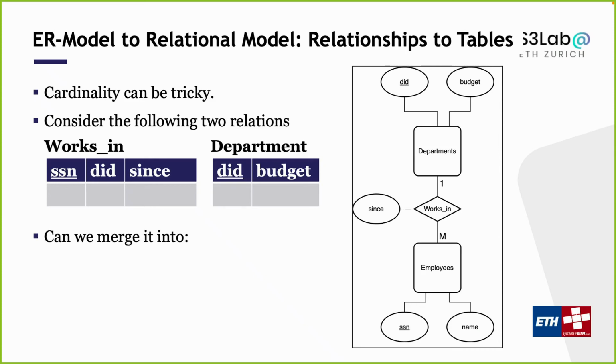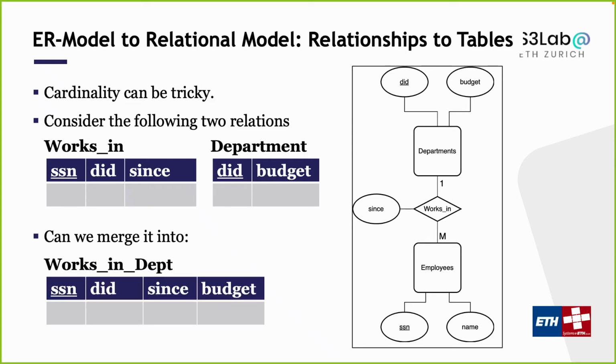Can I merge these two into a bigger relation that contains information about employee and also contains the information about department, right? So I try to merge the relation corresponding to department and works in, which is different from the previous slide. In the previous slide, I tried to merge works in and employee.